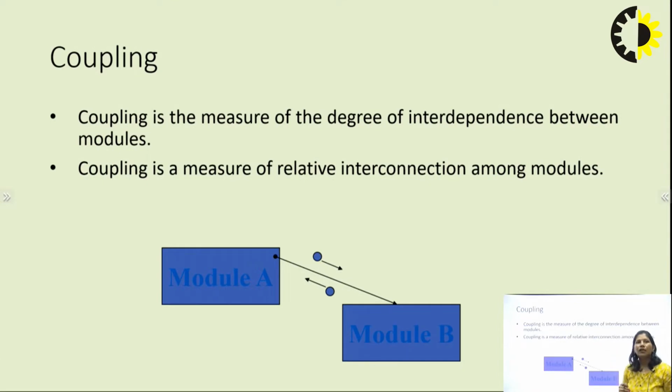It is the measure of degree of interdependence between the two modules. As we can see, Module A is here and Module B is here. Module A is communicating to Module B. It is sending some information to B and it is also sending back information to A. So we can say it is a measure of relative interconnection among the modules, right?